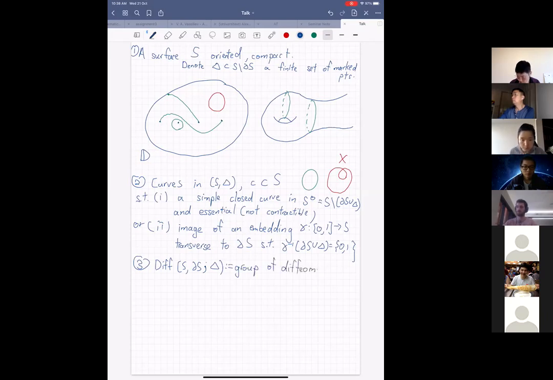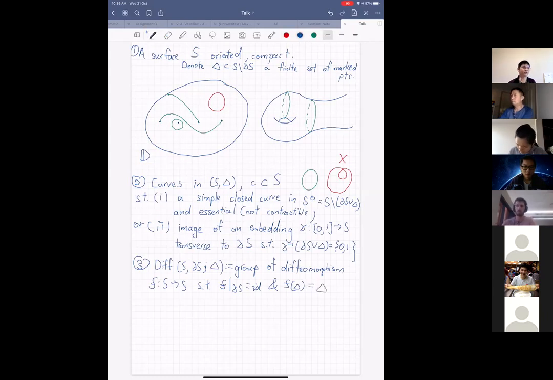There are some restrictions on these diffeomorphisms. A diffeomorphism goes from the surface to itself, such that if you restrict it to the boundary, it is the identity, and also you preserve the punctures. Preserving the punctures doesn't mean you need to fix each puncture.